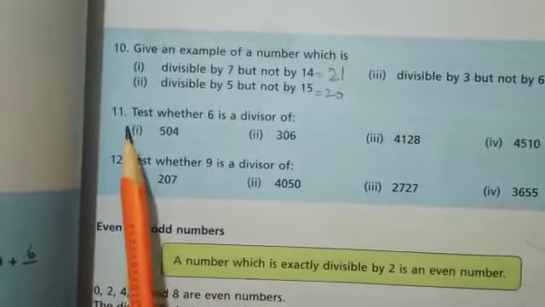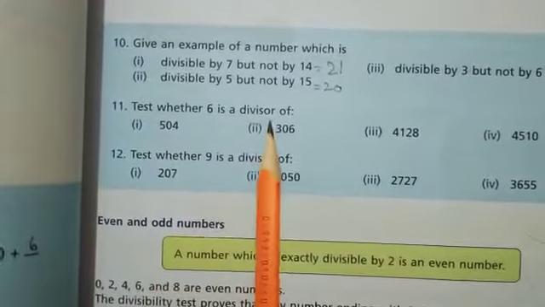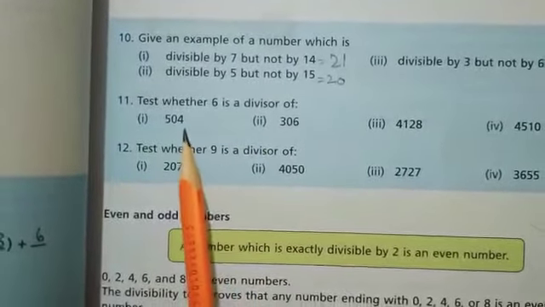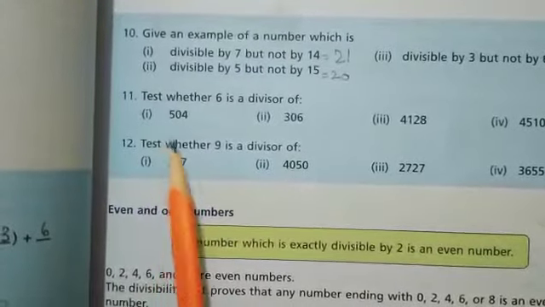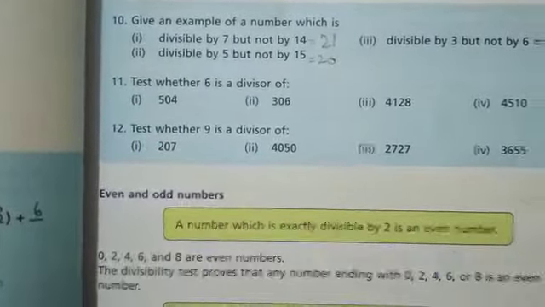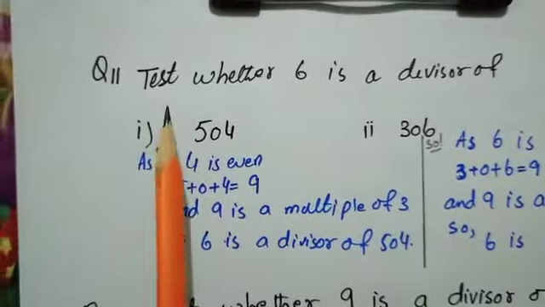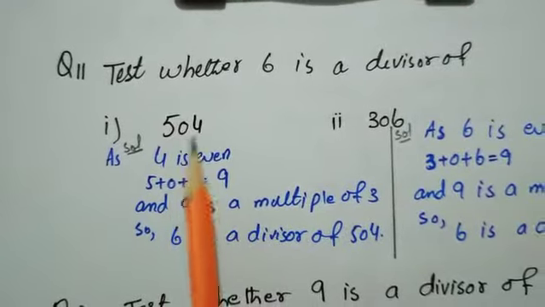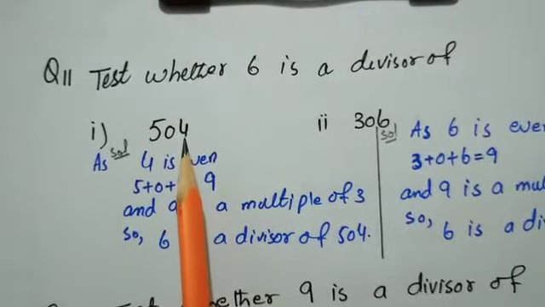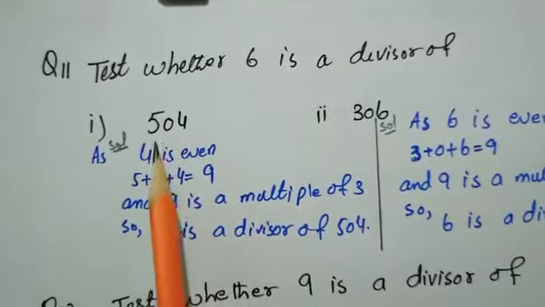For question number 11, test whether 6 is a divisor of this number. We test this, following the rules and the method of question number 9. Student, question number 11: test whether 6 is a divisor of the number 504. We check the last digit. The last digit is an even number.